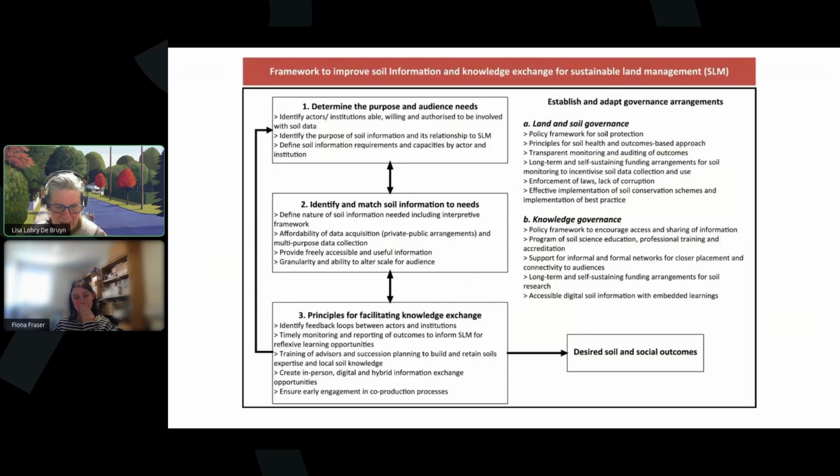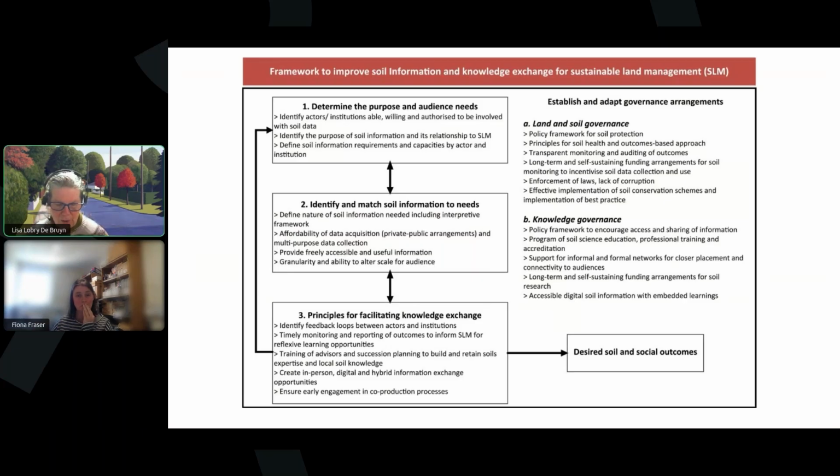So when I was examining all these various soil data repositories in the UK and Australia, it became very apparent to me that how we frame the soil data portals and information systems needs to be more aligned to the intended user. And so if we don't concentrate on these first two steps, like determining the purpose and audience needs and identifying and matching soil information needs, we're very unlikely to achieve the third step, which is facilitating that knowledge exchange.